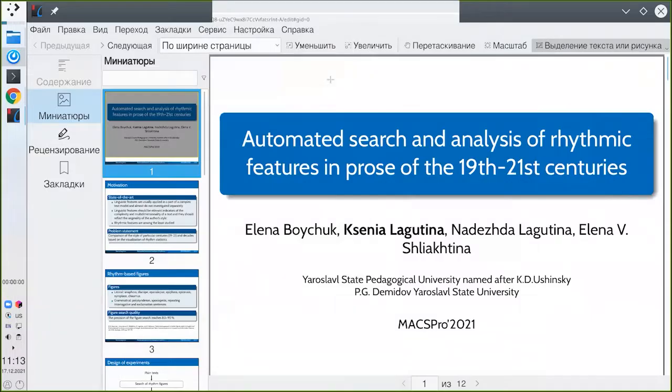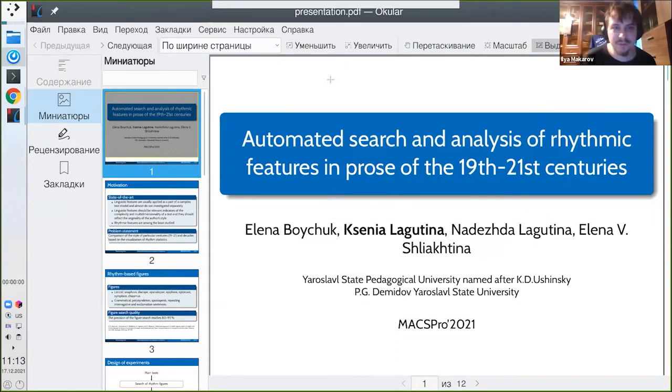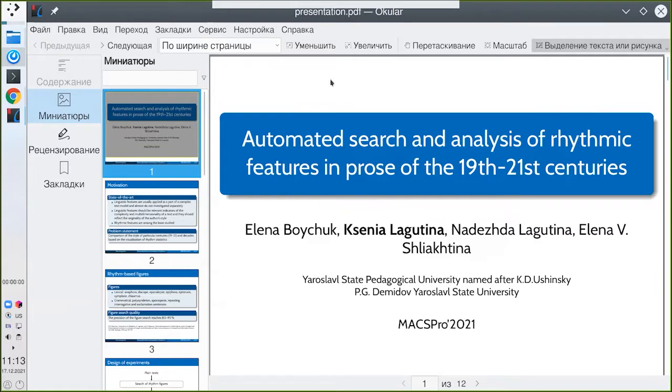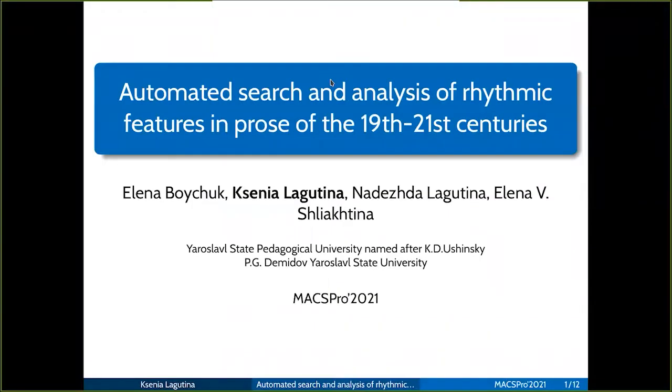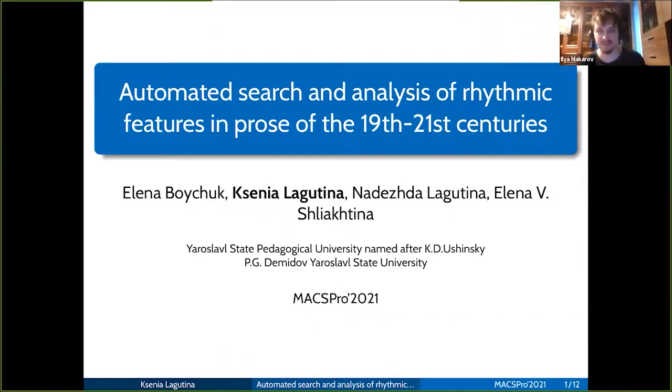Could you try right now? Yes, thank you very much. Can you see my screen? Yes, could we go to full screen mode, possibly pressing Ctrl+L or something like this? Now we see it and you may start.